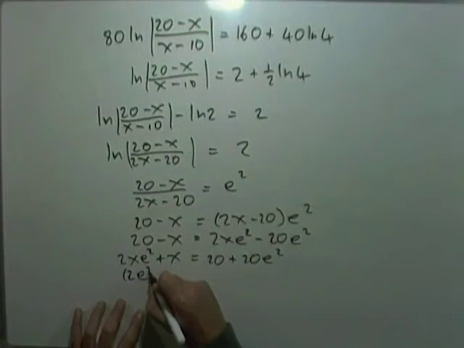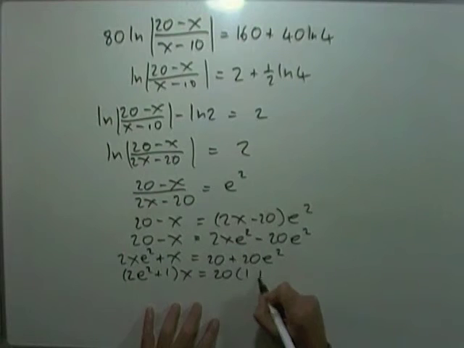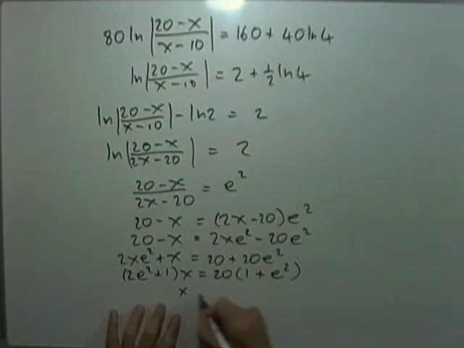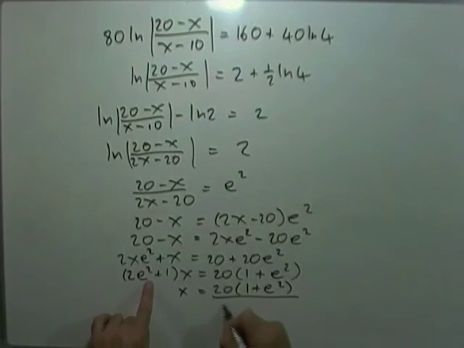So that's 2e squared plus 1, lots of x, may as well take the 20s out as well, 1 plus e squared, and then finally x will equal 20 times 1 plus e squared over, I'll just write that in the same order as this, 1 plus 2e squared. Simples.